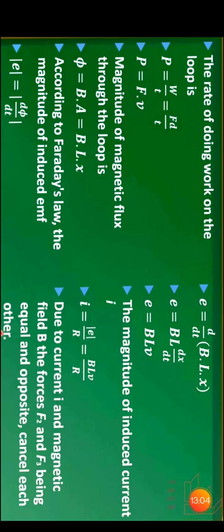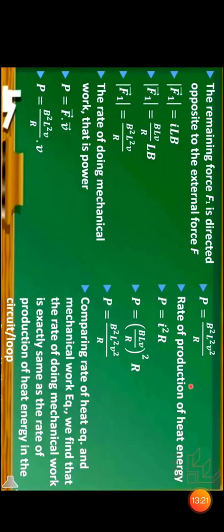Due to the current I and magnetic field B, the forces F2 and F3, being equal and opposite, cancel each other. Therefore, vector F is equal to minus F1. The remaining force F1 is directed opposite to the external force F.